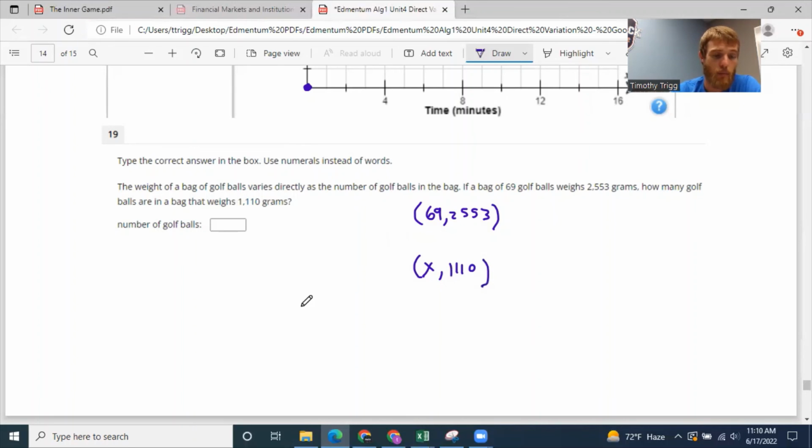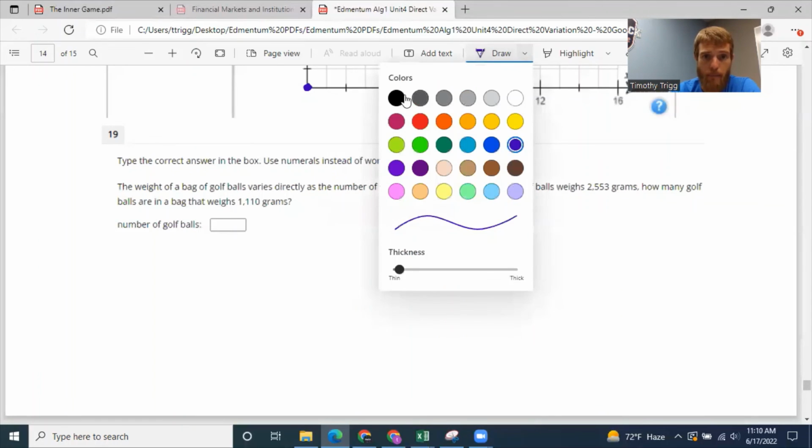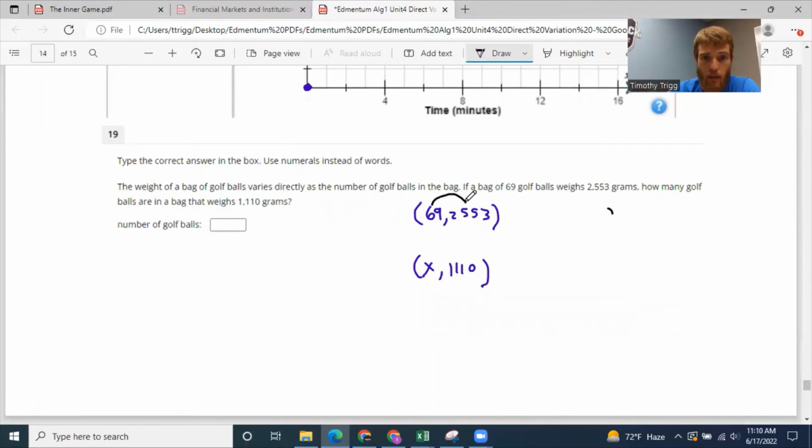Okay, so one thing to think about is 69 times what gives me the 2,553. So times what value of K? Whatever value you find there, you would divide by K here to go backwards, right? So 1,110 divided by the same value K you got here should give you the number of golf balls.